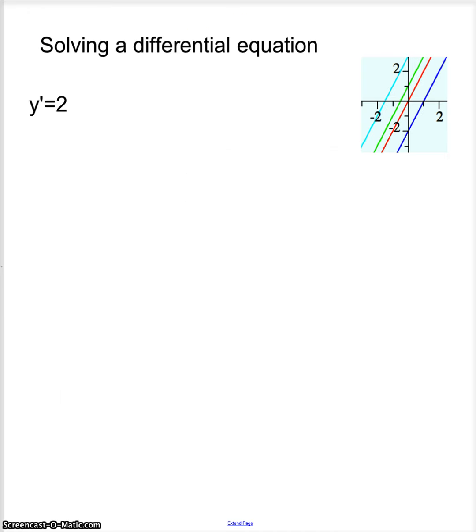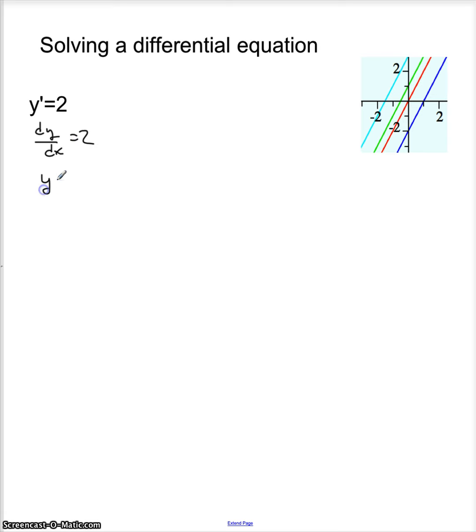Now, let's look at solving a differential equation. Let's look at this right here. This is dy dx is equal to 2. Now, what function do we know that has a derivative of 2?